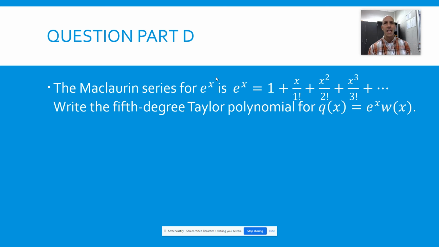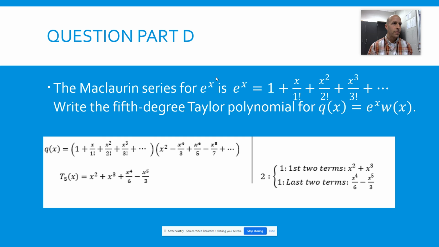Now we're going to multiply it by e to the x, another, a transcendental function. So in essence, we're just going to take the Maclaurin series for e to the x, which is 1 plus x plus x squared over 2 factorial plus x to the third over 3 factorial, blah, blah, blah. And then we're going to multiply it by our Maclaurin series for this particular function w of x.